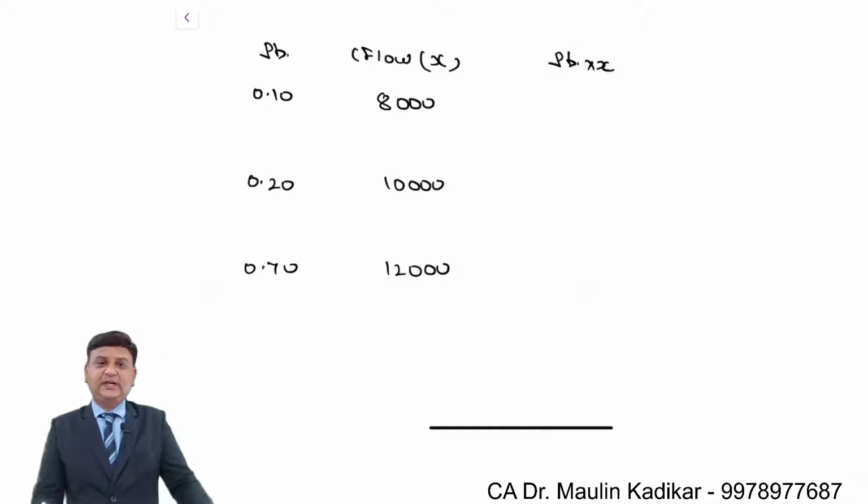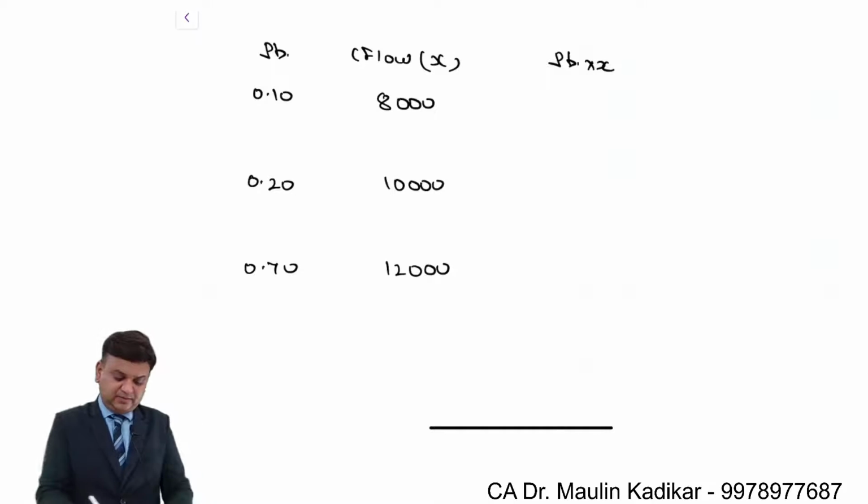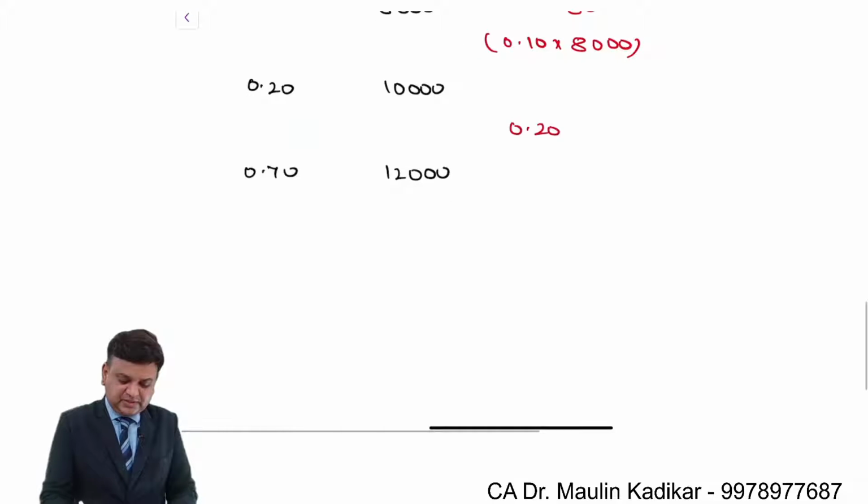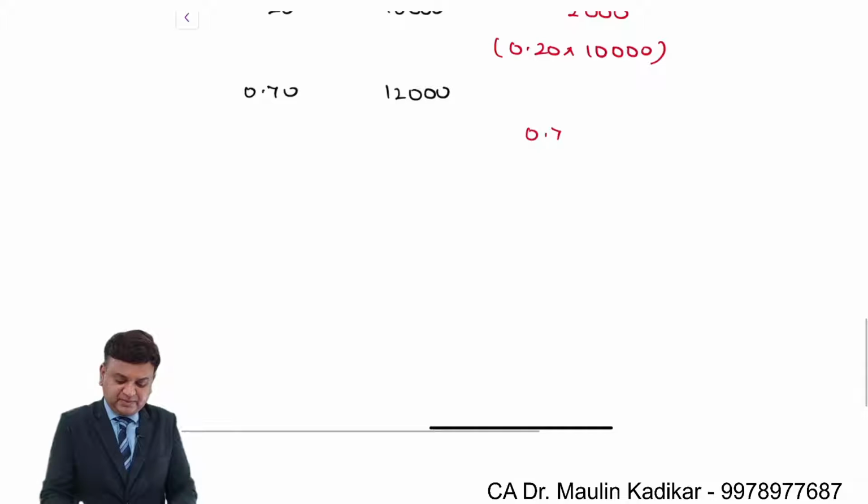So the expected cash flow, the mean cash flow, will be calculated. It's very simple, friends. There are 10% chances that you will get 8,000, so it is 800. Then there are 20% chances that you will get 10,000, so it is 2,000. And there are 70% chances that you will get 12,000, so it comes to 8,400.